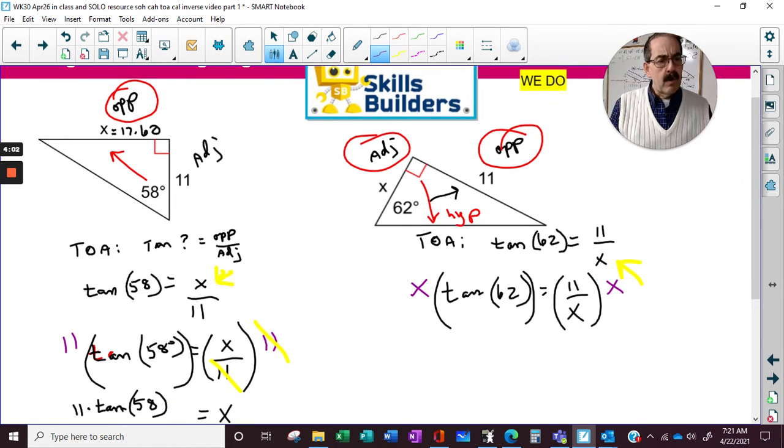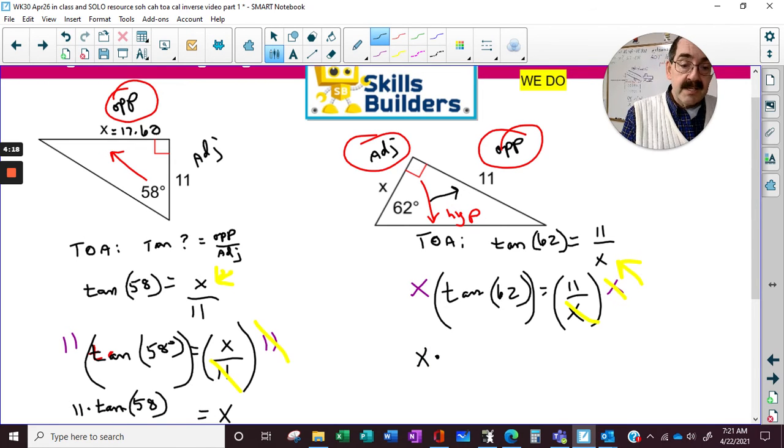Now, if 11 divided by 11 was 1, what's x divided by x? Anything divided by itself is 1. It's gone. So now, x times the tangent of 62 is equal to 11.